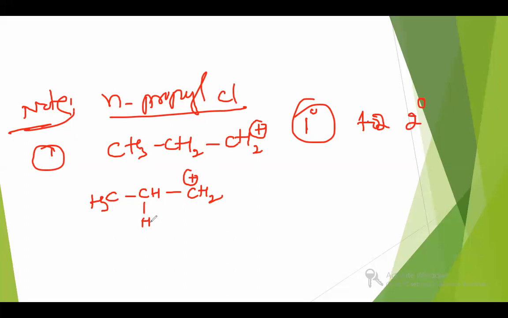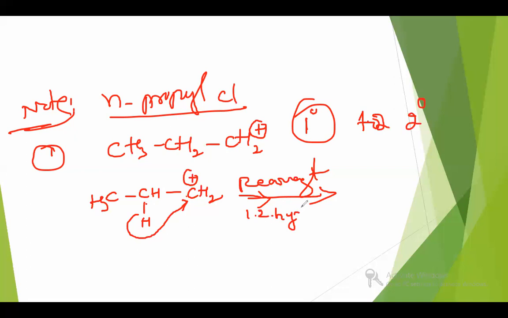A hydrogen shifts to this carbon. This shifting is also called a rearrangement reaction. In that rearrangement reaction, the hydrogen shifts from position 1 to 2, so it is called a 1,2 hydride shift.